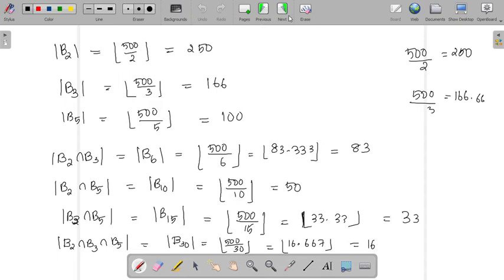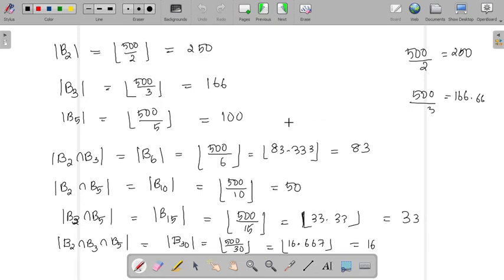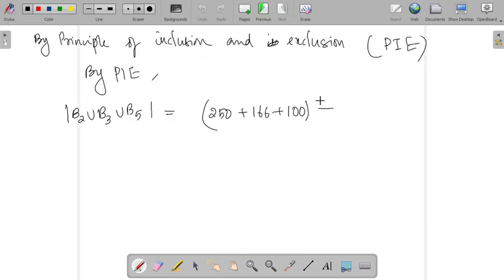So that will be 250 plus 166 plus 100 minus, then we have 83, 50, 33, and the last one was 16. So the value is going to be equal to 366. So there are 366 integers which are divisible by 2, 3 or 5.